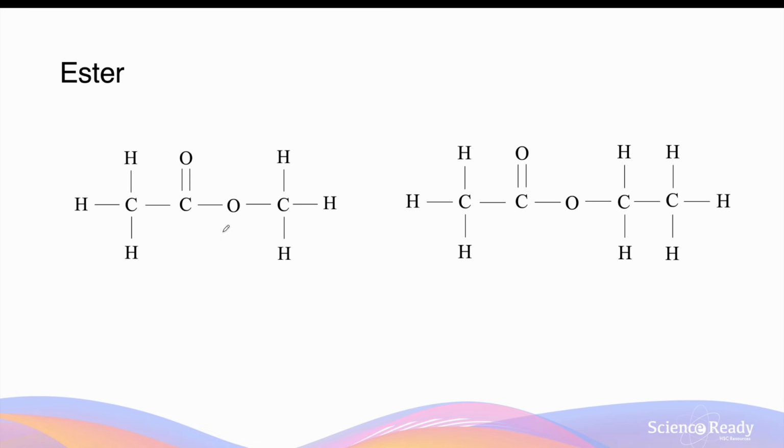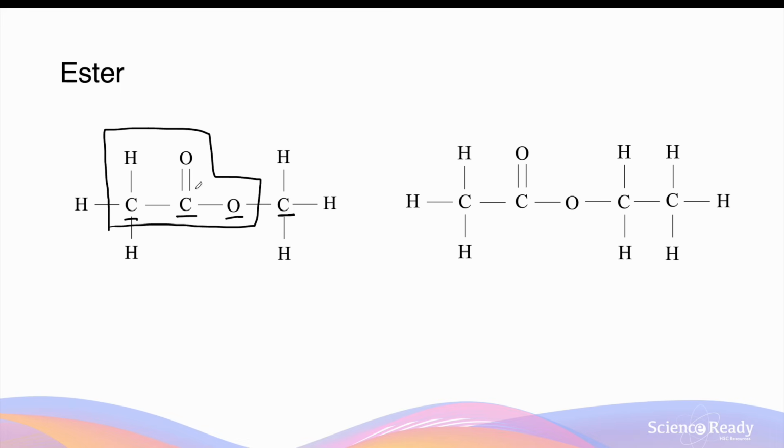Esters are carbonyl compounds where the carbonyl carbon atom is next to a carbon atom and an oxygen where the oxygen is further bonded to another carbon atom. The name of the ester comes in two words or two parts. The first part is named by considering the carboxylate ion part of the ester.